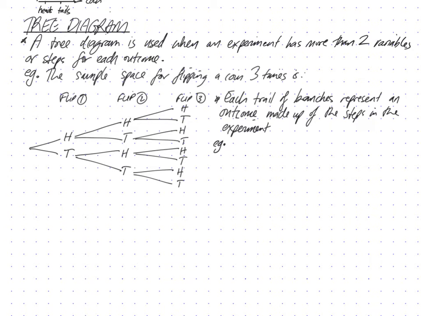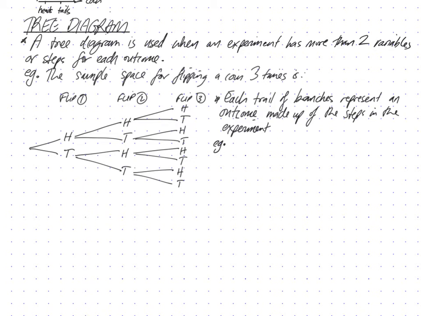And so on flip 1, what are the possible things that could happen? On flip 1, I could flip a head or a tail. On flip 2, I can flip a head or a tail, but that happens after, on this particular set of branches, that head or a tail happens after I've flipped a heads on flip 1.